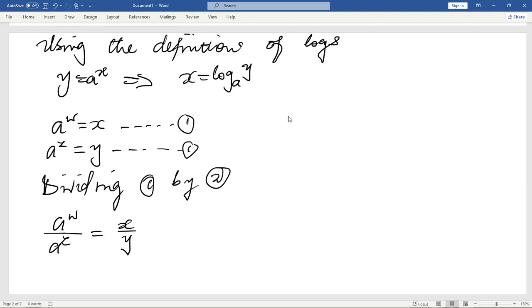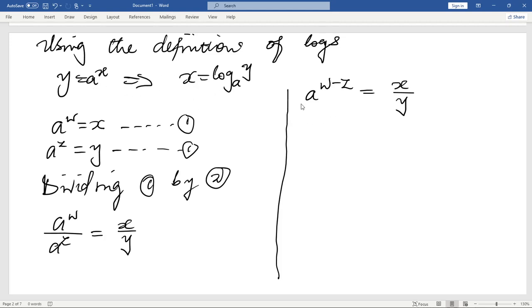Now, if the base is the same and you're dividing expressions that have the same base but different powers, we just subtract the powers. So we have a to the power w minus z equal to x over y.